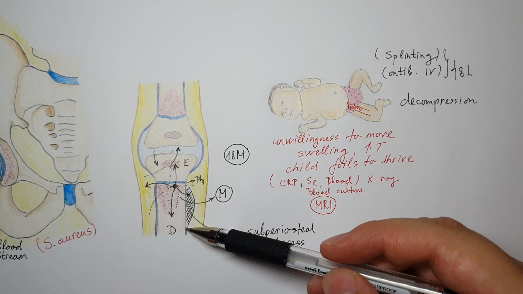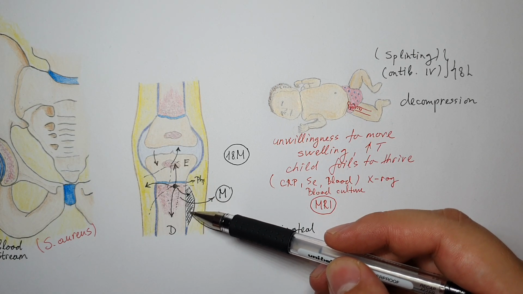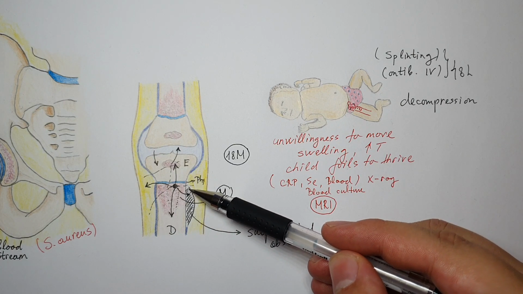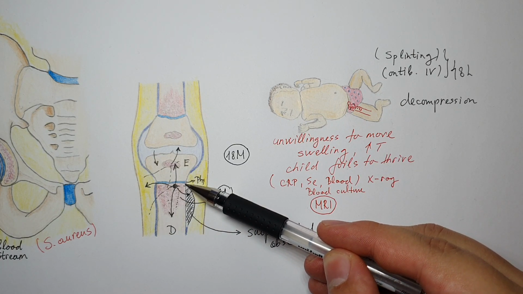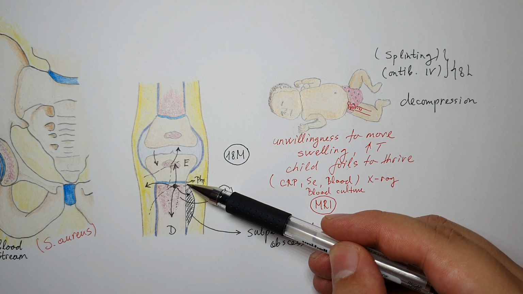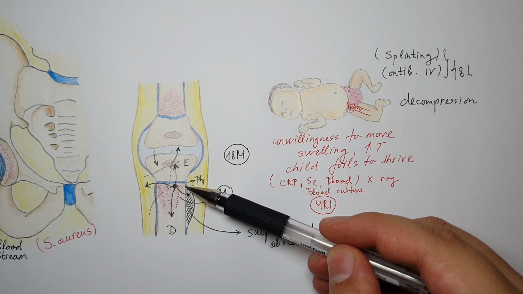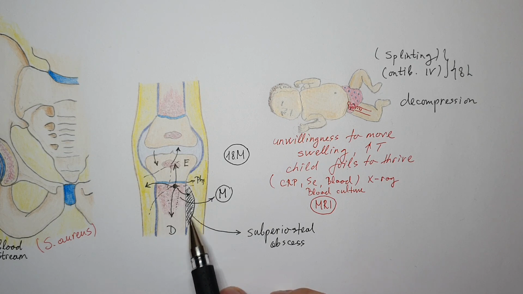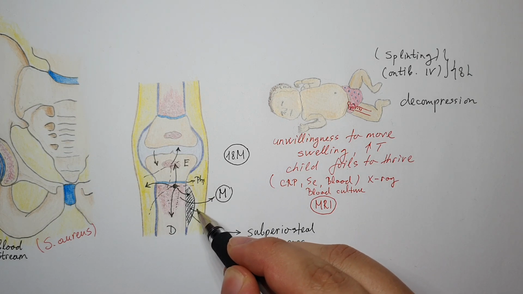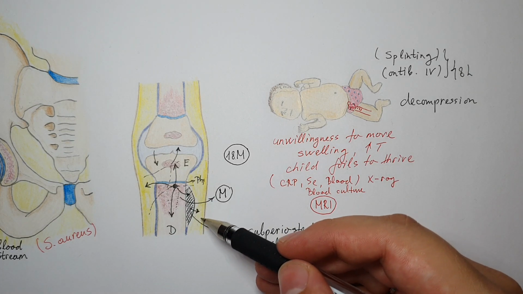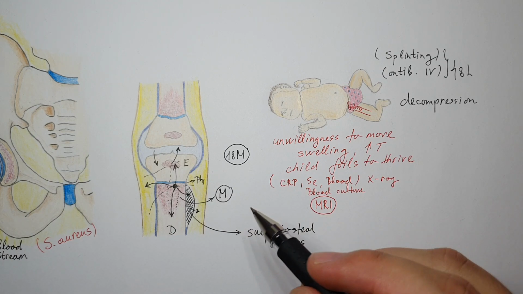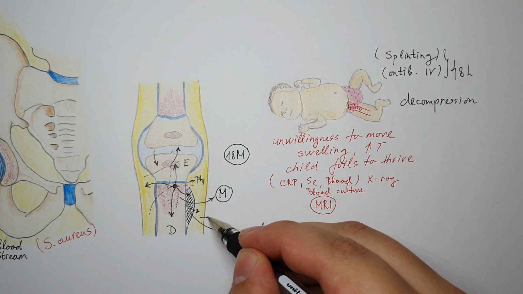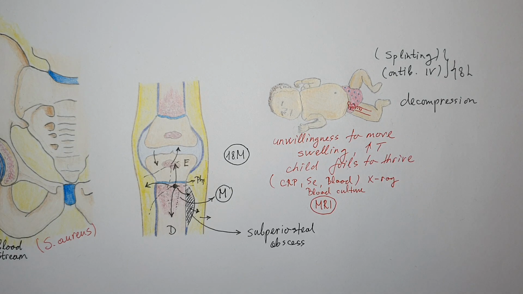It can continue in this subperiosteal space, but only to the perichondrium, because here there are tight junctions. It can continue further this way. The subperiosteal abscess can also break into the soft tissue, cause cellulitis, and it can also break outside with a sinus, causing pus drainage.